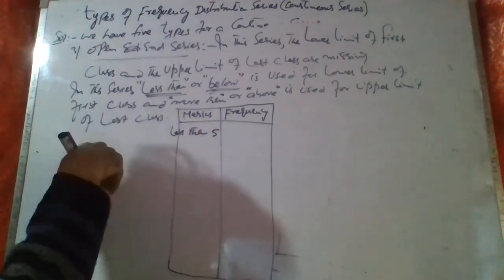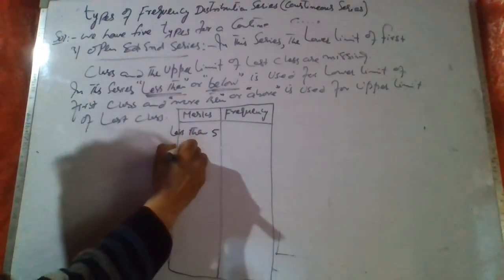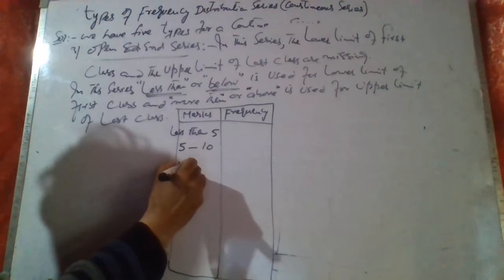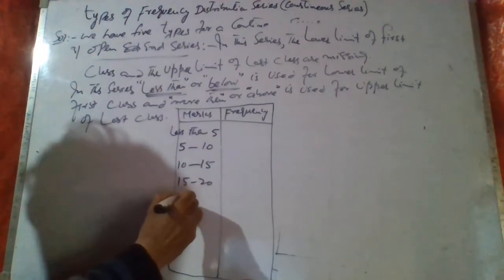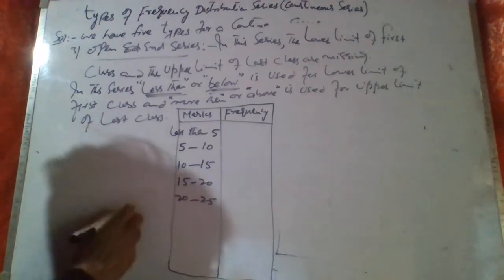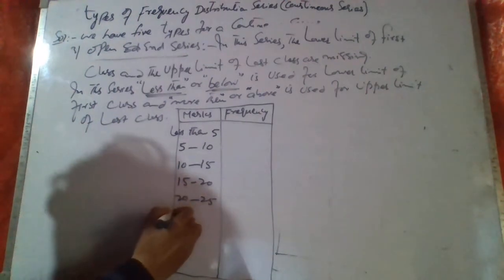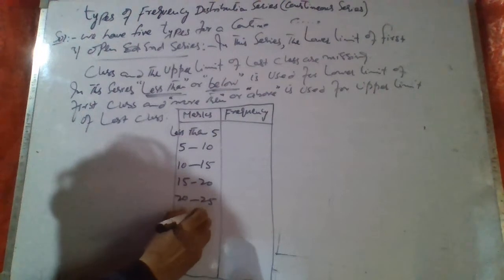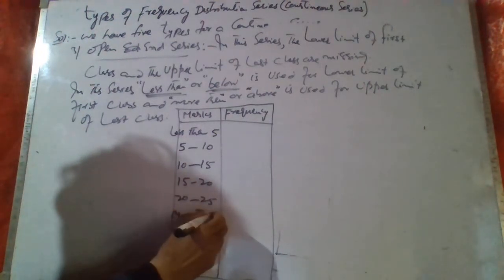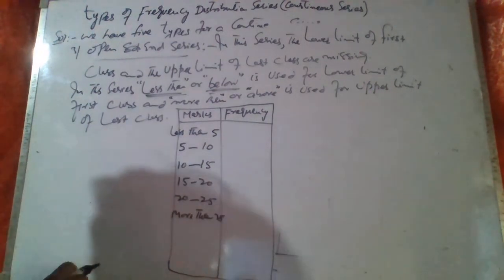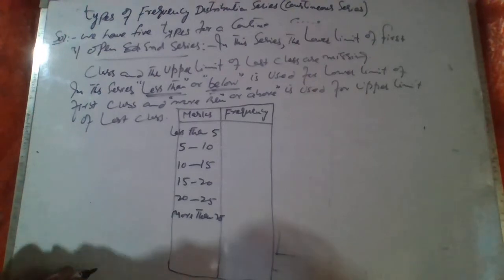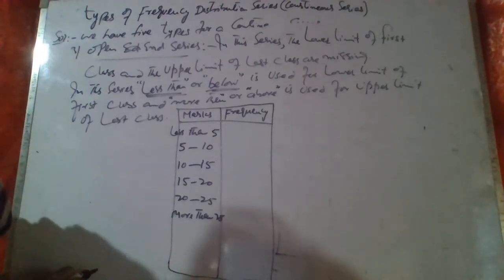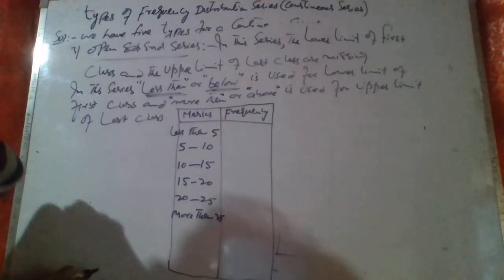For example, 5: all values less than 5. Then we have, for example, 5 to 10, 10 to 15, 15 to 20, 20 to 25. Then we have more than 25, so all values more than 25.